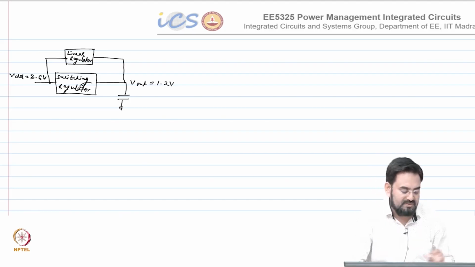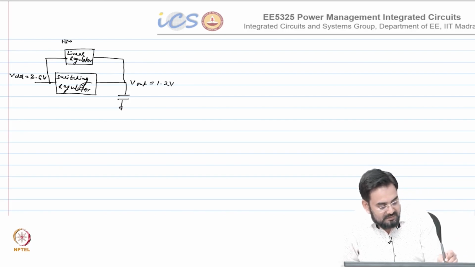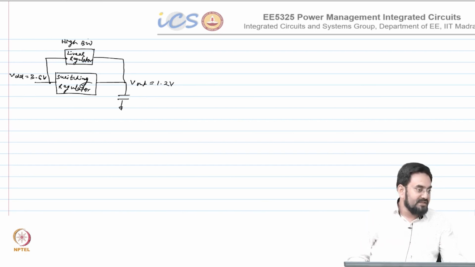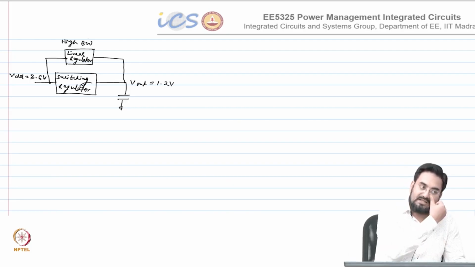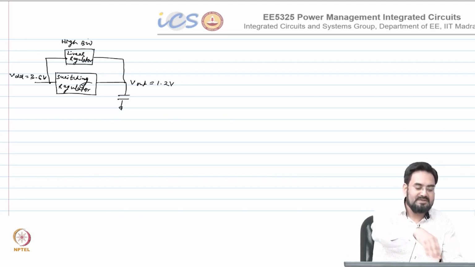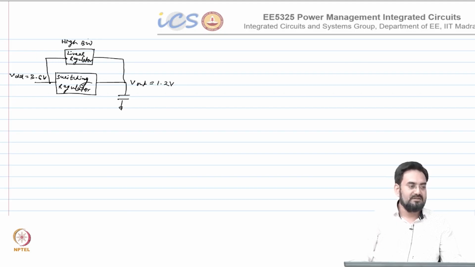Okay. So what would happen actually? If you make this regulator very high bandwidth, and your switching regulator has, let's say, limited bandwidth, so you make your linear regulator bandwidth much larger than your switching regulator bandwidth. So during transient, what will happen? All the fast current requirement will be met by your linear regulator, and when output is settled, you can back off, and all the load will be supplied by your switching regulator. Okay.